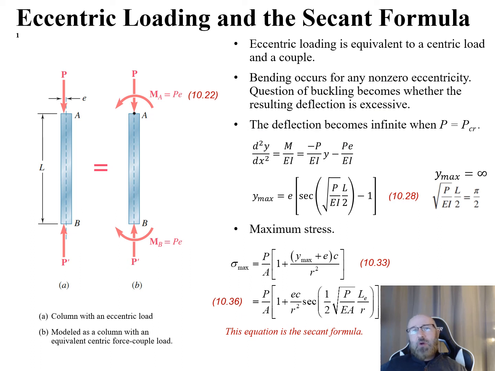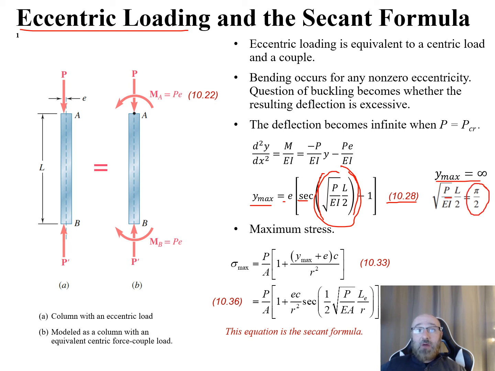Now, relating back to our equation 10.6 earlier within this module, we can now see that for eccentric loading, we have this relationship here that Y max is equal to E times the secant of the square root of P over EI times L over 2, minus 1. And this relates back to equation 10.28 in our textbook. And from this relationship, we can see that our Y max will be infinite when the square root of P over EI times L over 2 is equal to pi over 2.